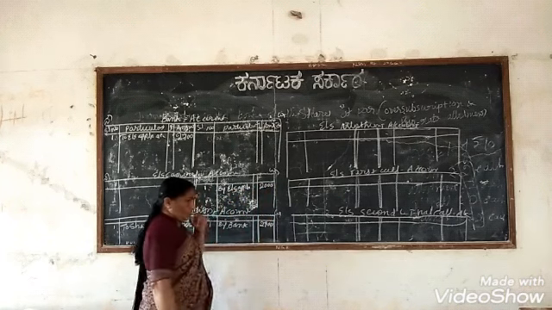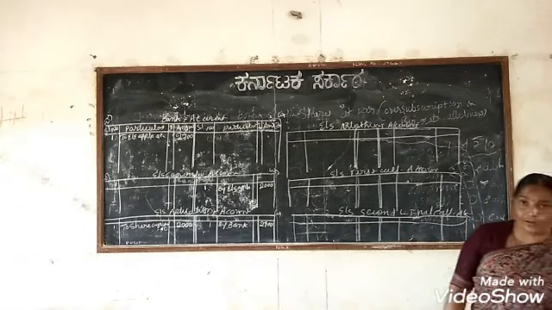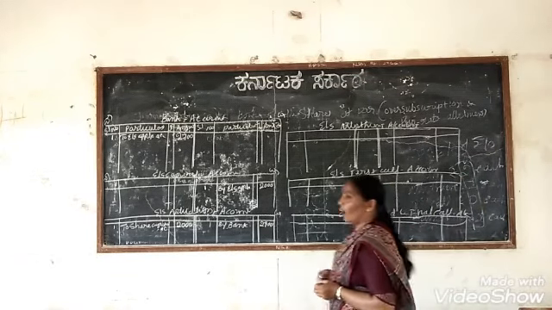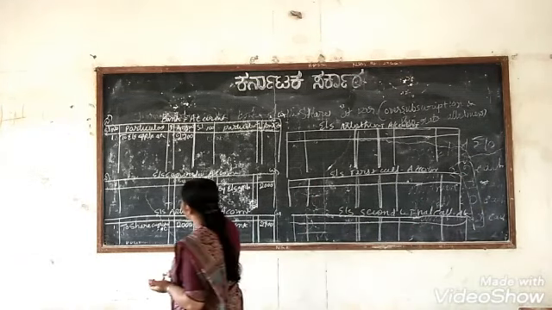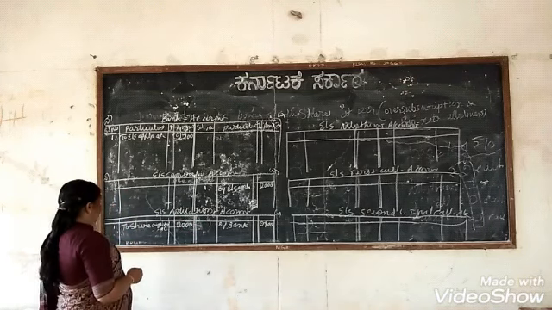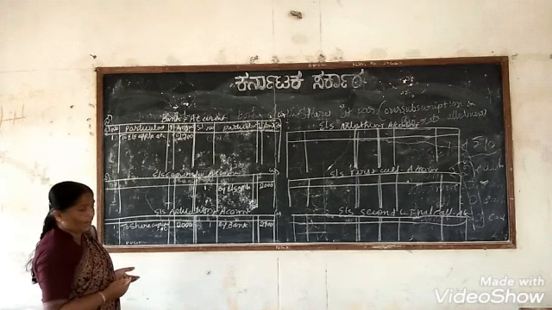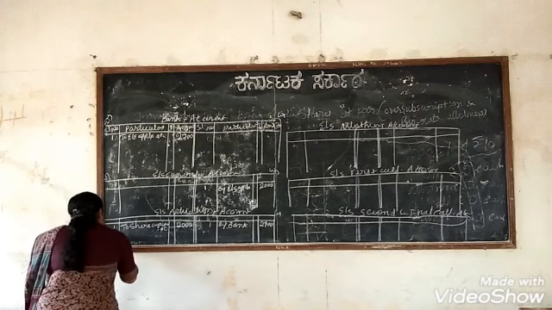Then the next entry is that 200 is returned to the unissued applicants. So it is returned. For the return, what is the entry? Share application account debtor to bank account.